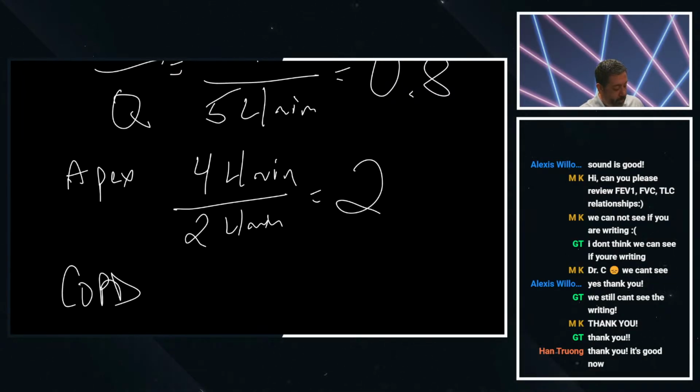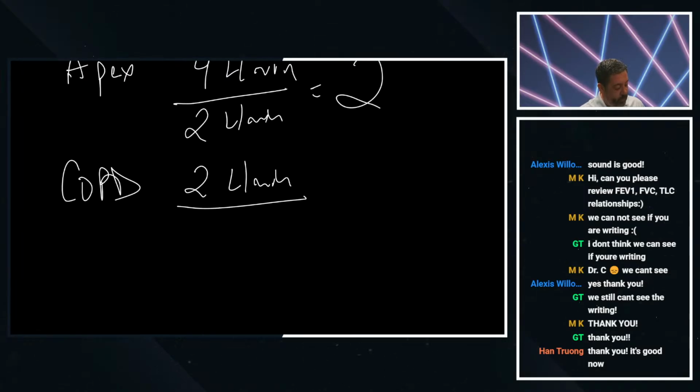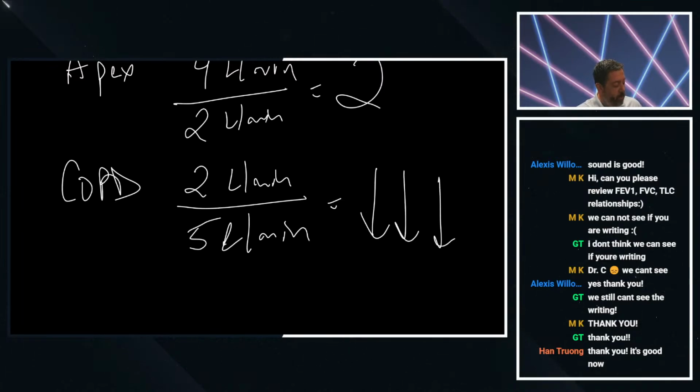So ventilation goes to 2 liters per minute. Cardiac output is still the same, 5 liters per minute. So you see now how the VQ starts dropping because the top number gets lower and lower and lower.